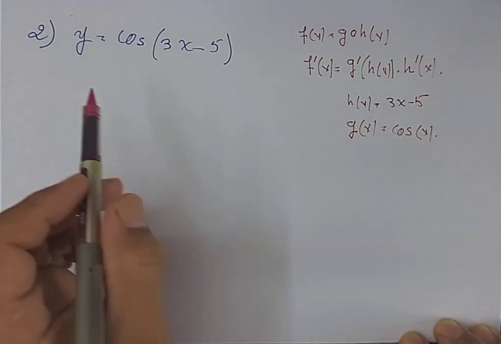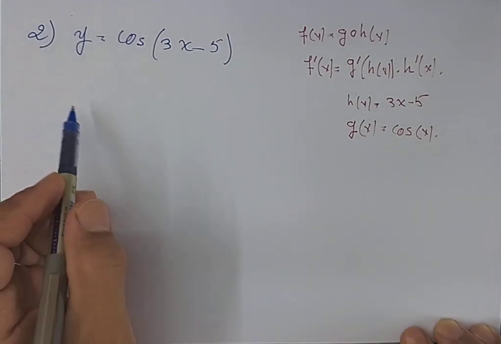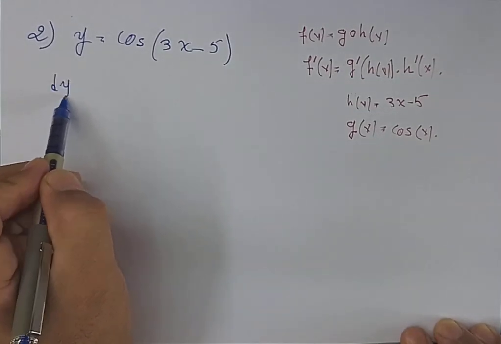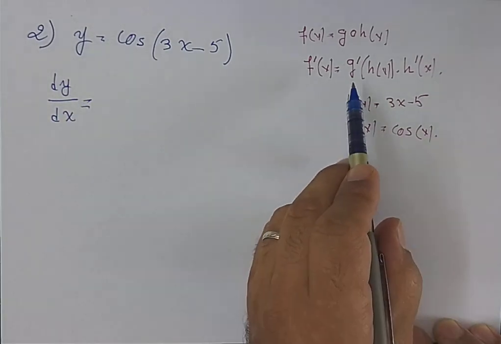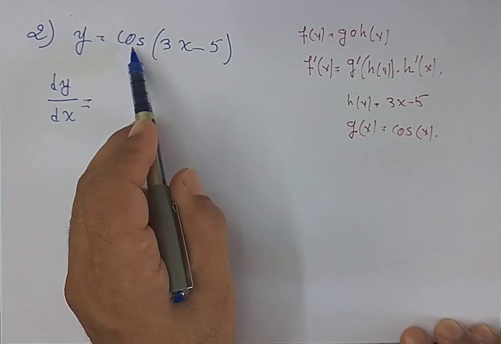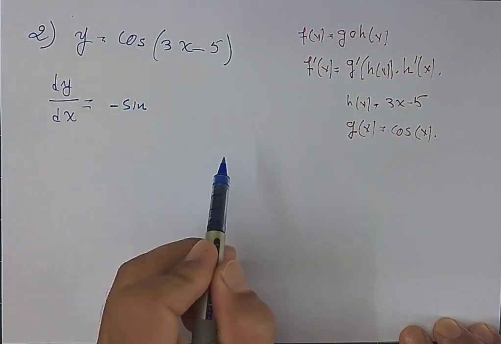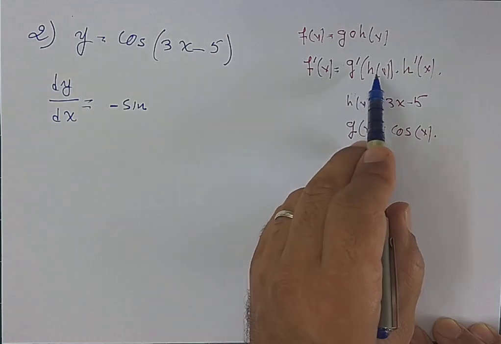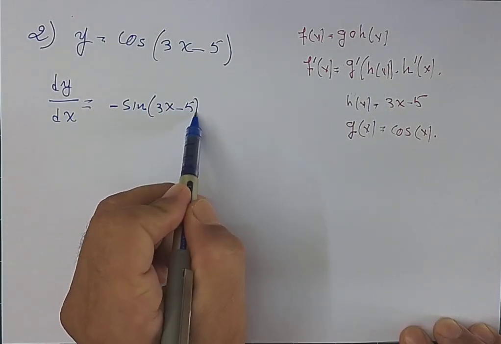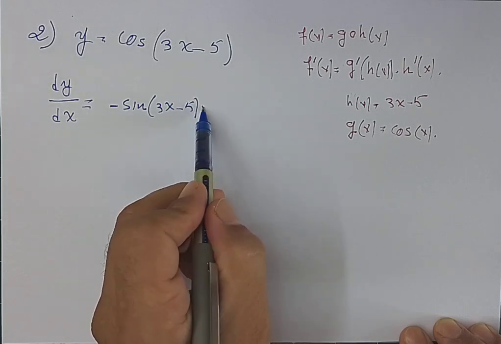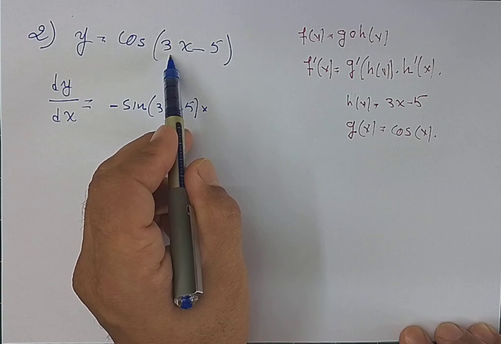So let's start to find the derivative of this function. dy/dx equals, first of all, the derivative of cosine, which is minus sine of h, the same 3x minus 5, and after that I multiply by the derivative of h(x).